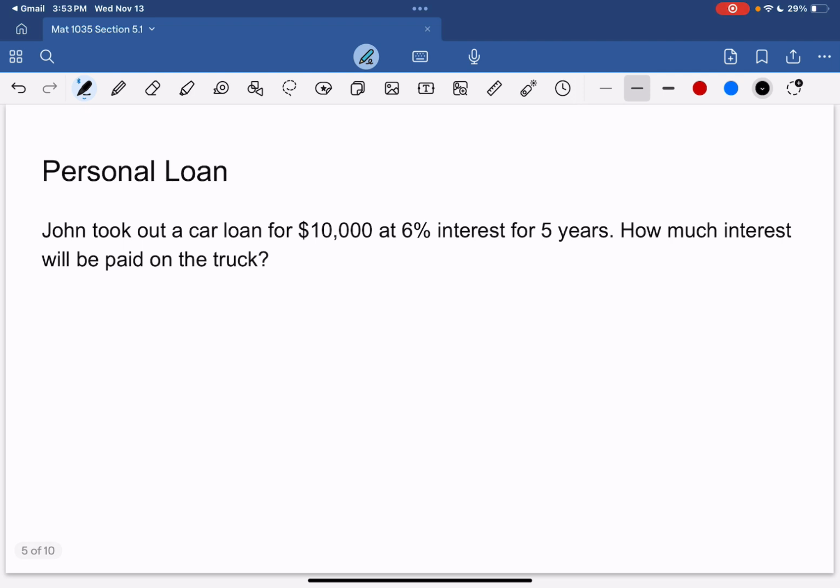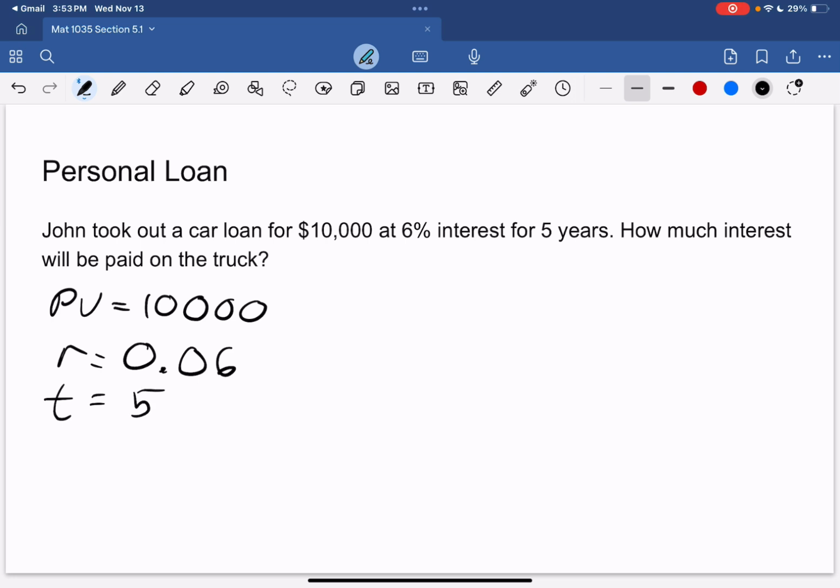So let's do the same kind of thing to this loan. John took out a car loan for $10,000. So my present value for this situation is $10,000. My interest is 6%, so 0.06, and my time is 5 years. How much interest will be paid on the truck? I can find the future value and subtract it off, or I can use the original interest formula, PV times RT.